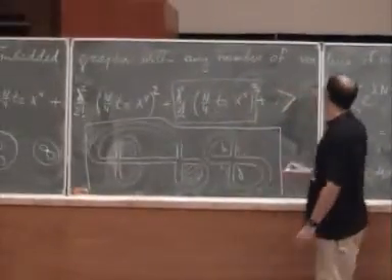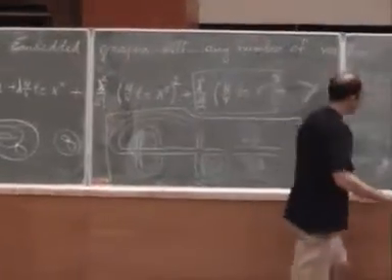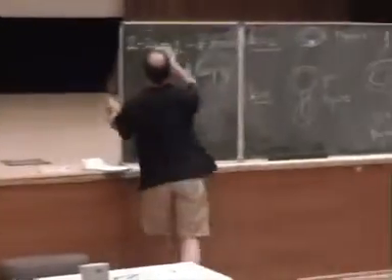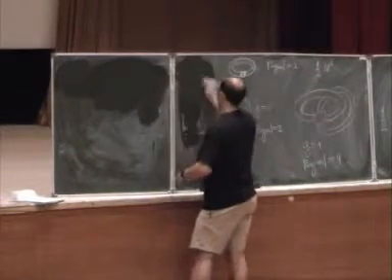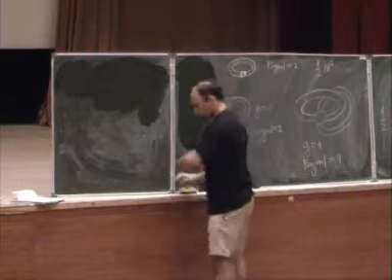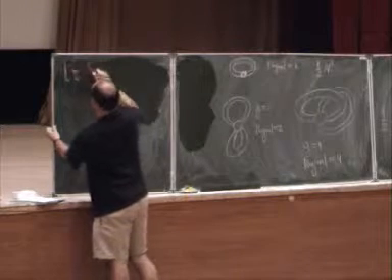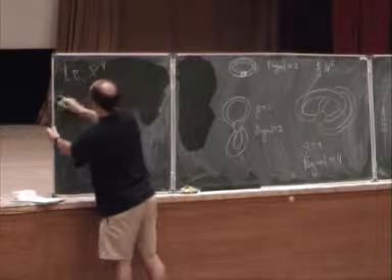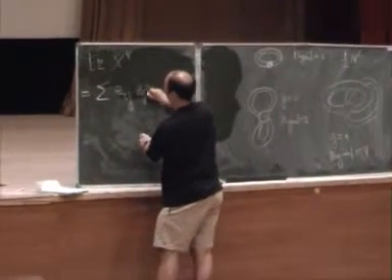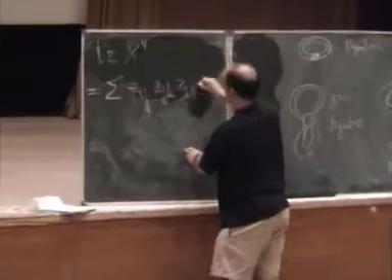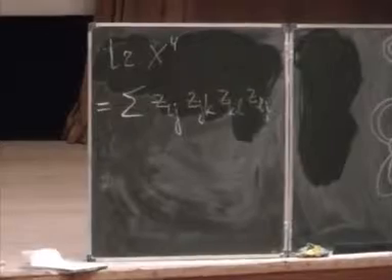Trace of x to the power 4 is equal to the sum of Zij, Zjk, Zkl, Zli over all possible i, j, k, and l.